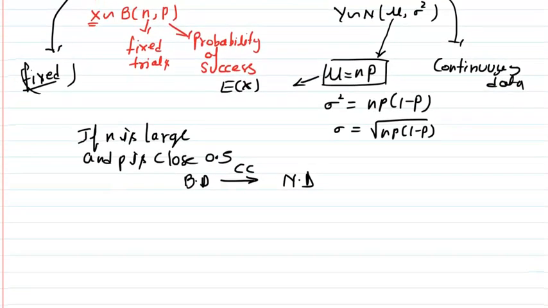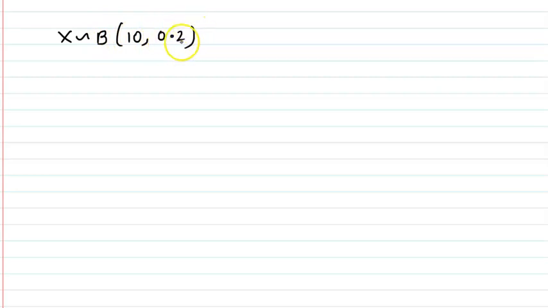Now, if a question comes like this: x is distributed binomially with 10 fixed trials and probability of success 0.2. You need to convert it into a normal distribution. So the number of fixed trials is n and this is p, right?